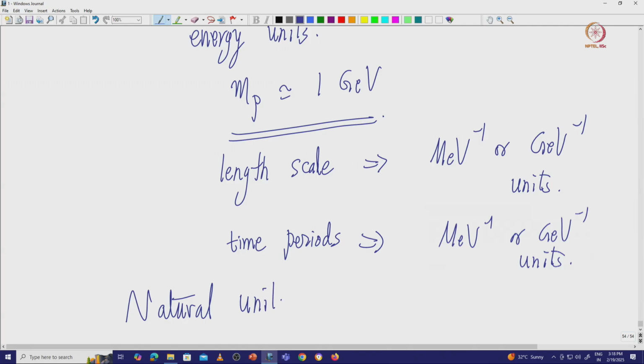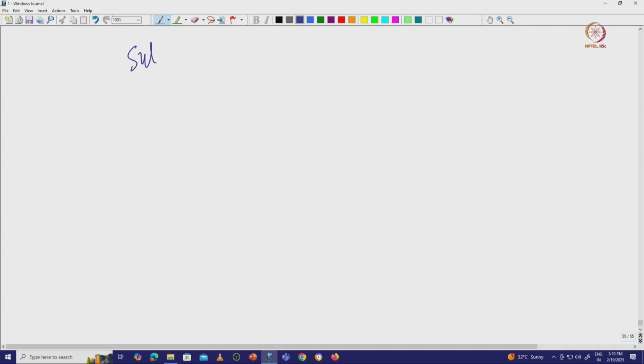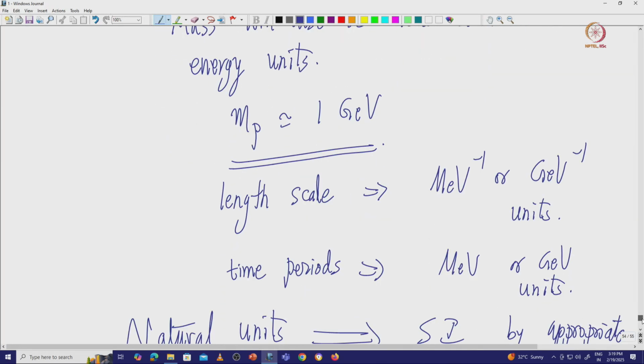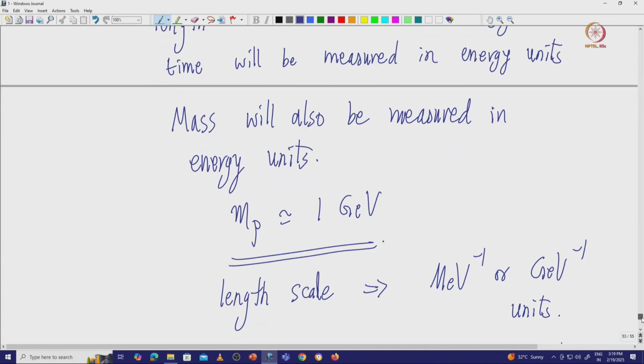You can always go back to SI units by appropriate substitution of h cross and c. You can always put h cross and c back correspondingly, and then you get your corresponding time units, or whatever SI units the measurement was done in.